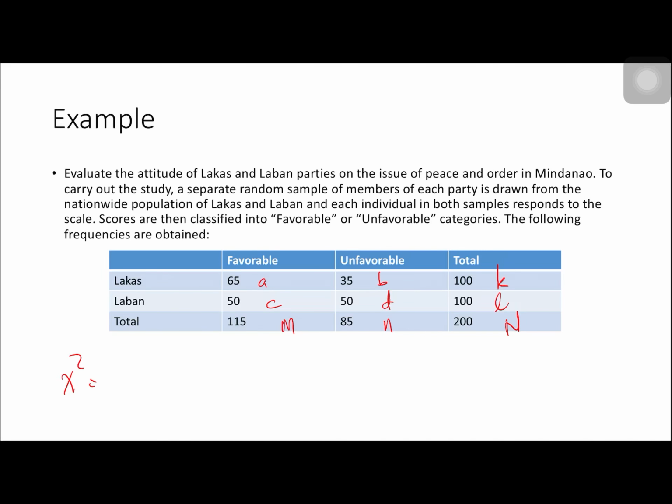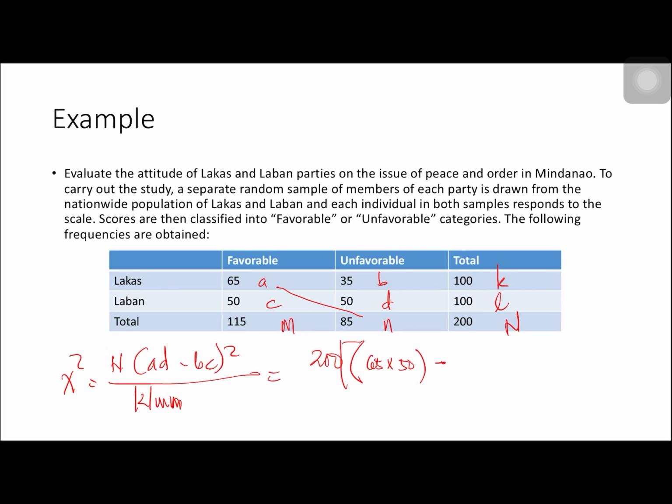So, here we have our chi-square is equal to N times AD minus BC squared over KLMN. Okay? So, our N is 200 times our AD, that is 65 times 50, minus our BC, we have 35 times 50, squared divided by our KLMN, that is 100 times 100 times 115 times 85.